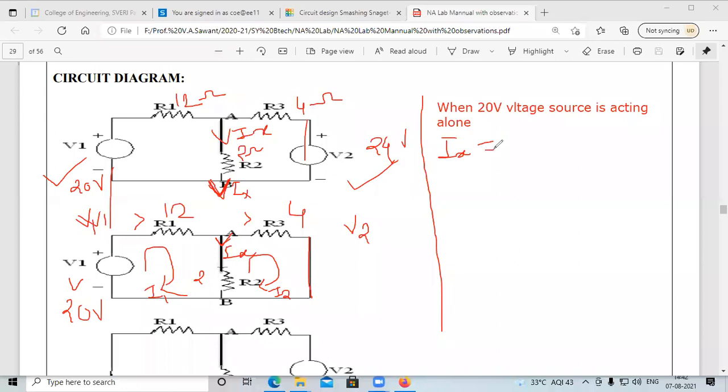Ix is equal to I1 minus I2. Okay, now apply KVL to mesh 1.